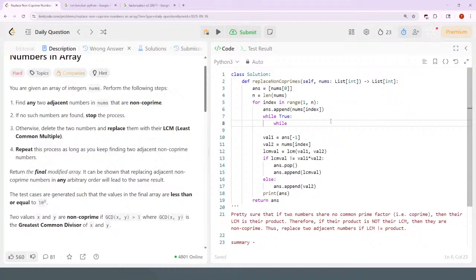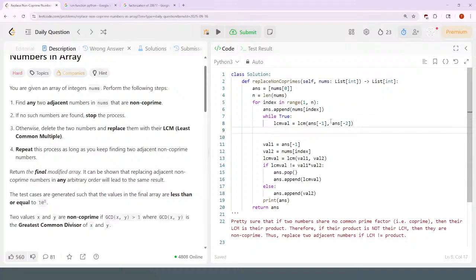While LCM, or I don't want to calculate the LCM twice. So I need to do something like LCM value equals LCM of value 1 and value 2, the top two of the answer stack. I need a dummy value to make sure the answer stack has two values.